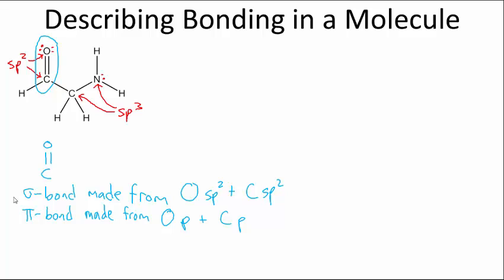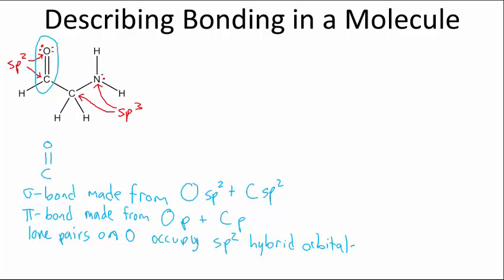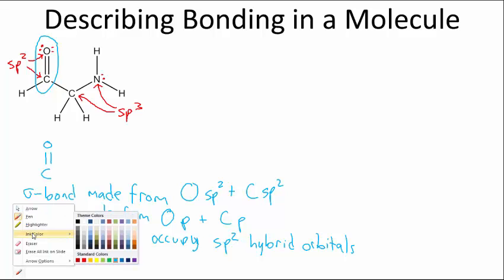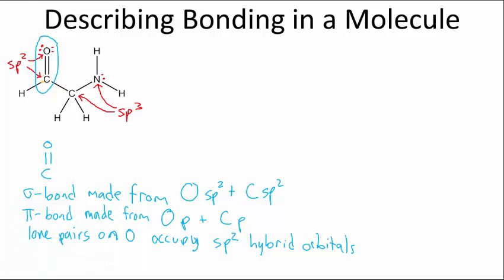So then the lone pairs on oxygen occupy sp2 hybrid orbitals.